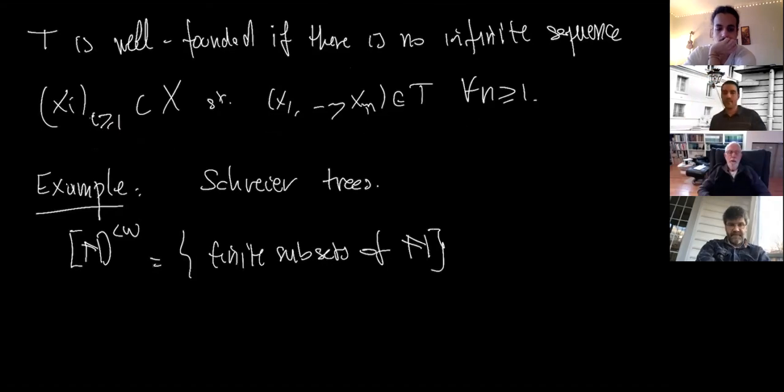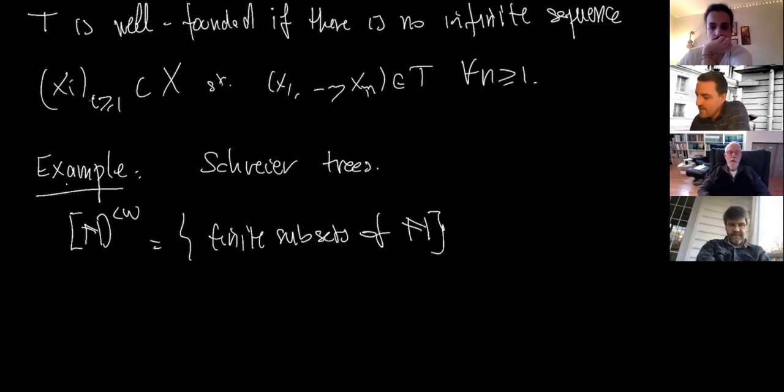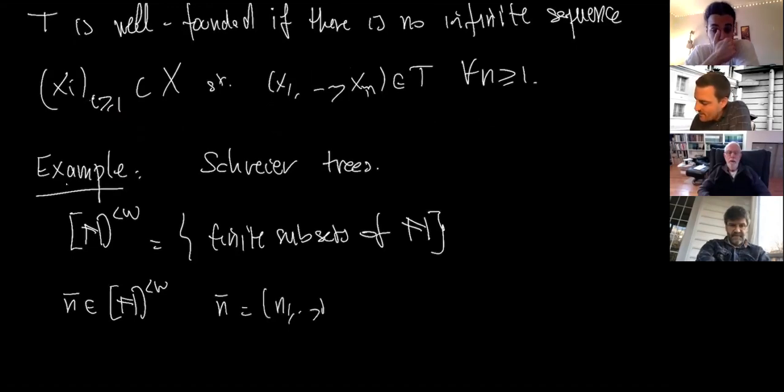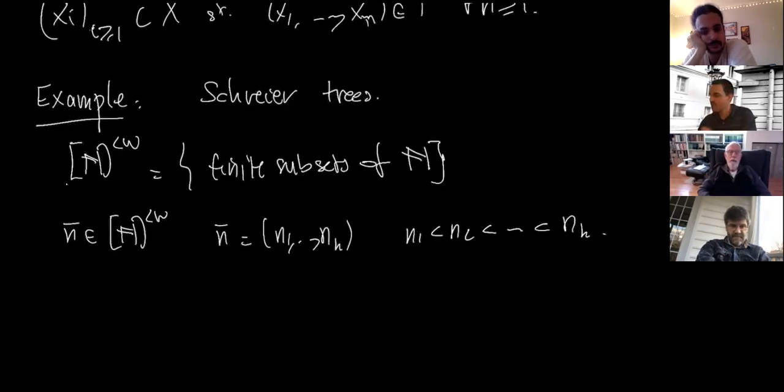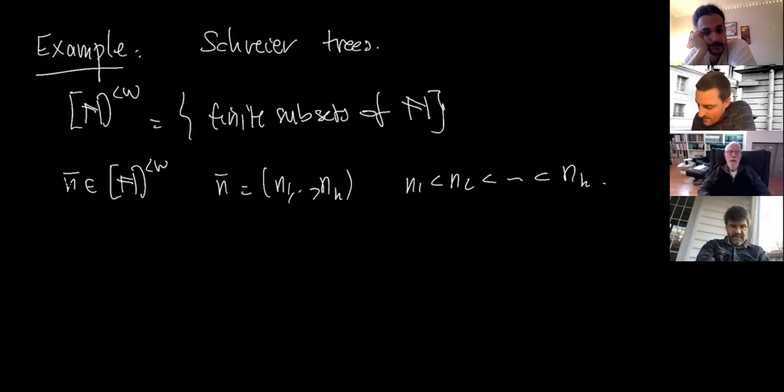It's not finite sequences of integers, it's finite subsets, so I don't allow repetition. An element in this set is written, well, it's a set, but let me use the tuple notation. I always write the elements in strictly increasing order. I will just tell you what S0 and S1 are, because these are the only two Schreier trees that I can decently draw.